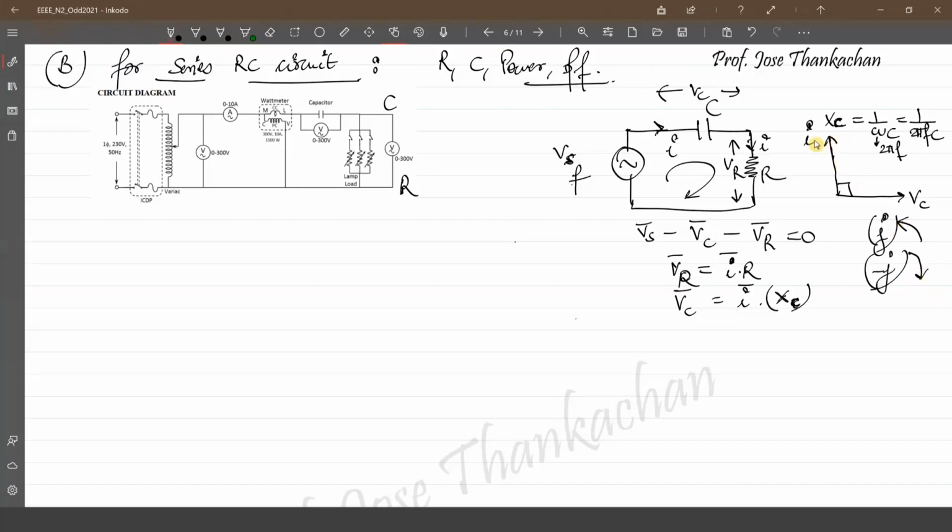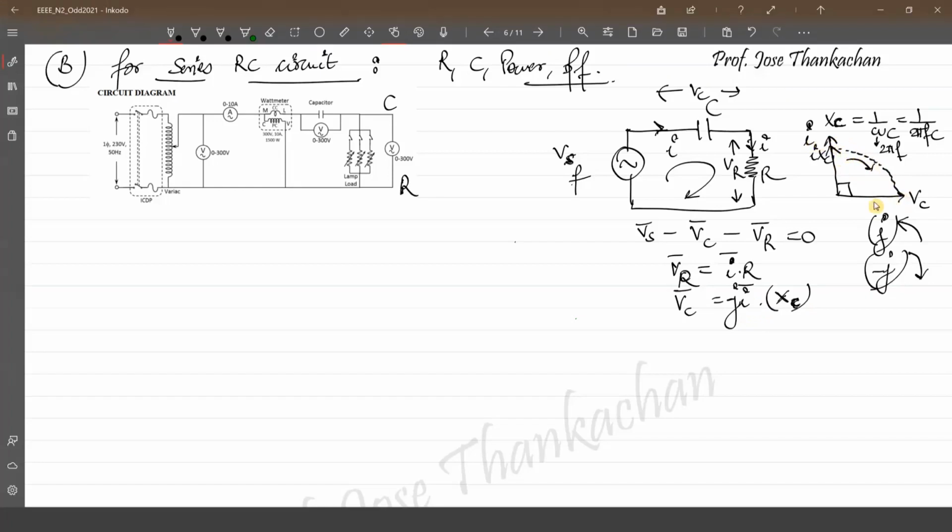So if I multiply this I with a scalar XC, this I into XC will be in the same phase as that of I. But now I want to represent VC. VC is 90 degrees lagging to it. So we have to rotate in this direction. I'll multiply this phasor, I into XC, by minus J. If I multiply it by minus J, the magnitude will not change.